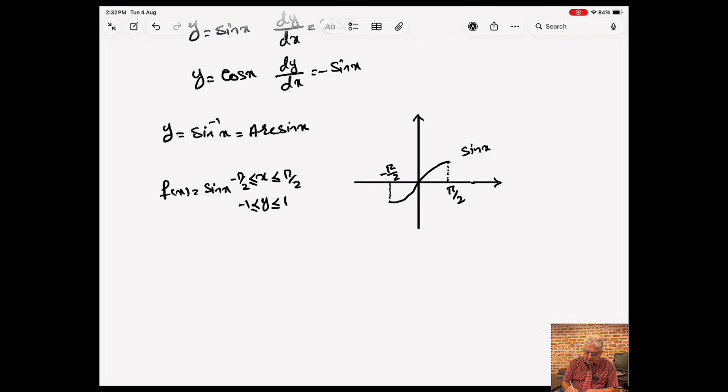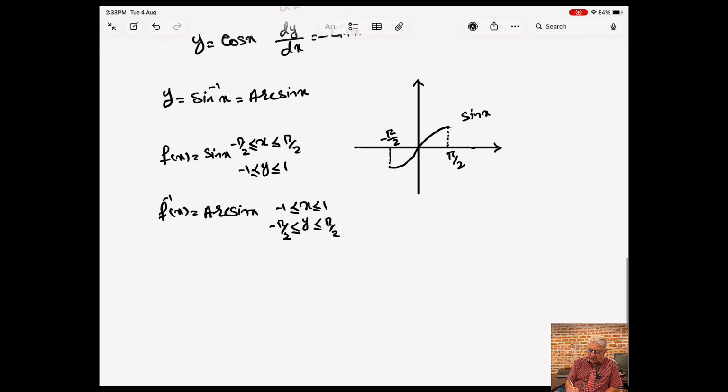F inverse of x, which is arc sine of x, then in that case, x is between 1 and negative 1, and y is between pi over 2 and negative pi over 2.